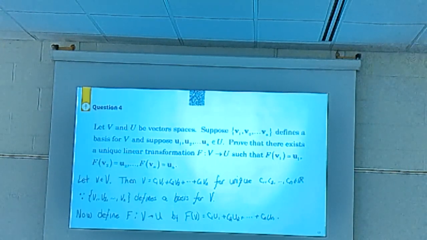What our mapping says is you first find your coordinates of V. The transformation is C1 times U1 plus C2 times U2 plus so on and so forth.